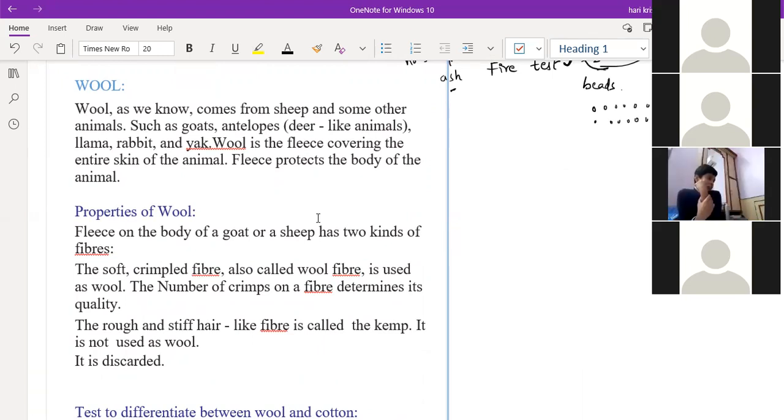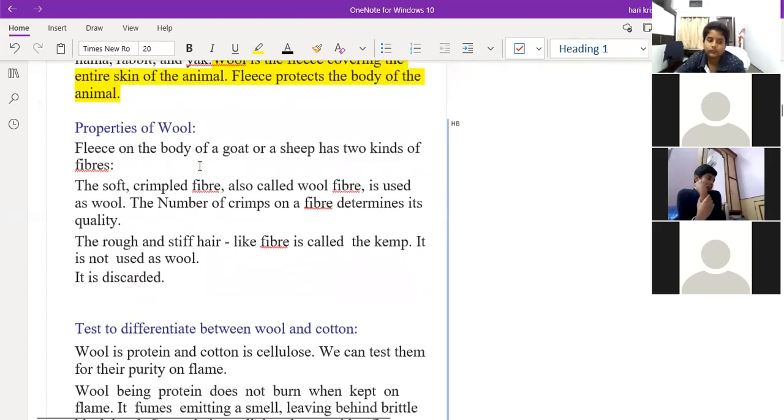Whatever the unwanted part of the fleece is called kemp. See it here: wool is the fleece of the animal. Fleece protects the body of the animal. Wool covers the entire skin of the animal.